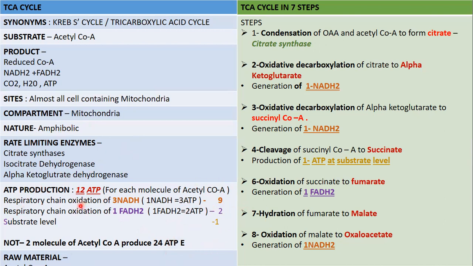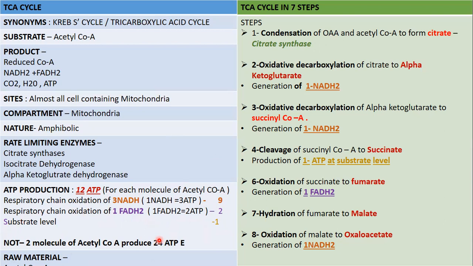First, from the electron transport chain, we have 3 NADH, and 1 NADH is concerned with 3 ATP, so 3 into 3 is 9. Then we have 1 FADH2 from our ETC, and that produces 2 ATP, and the substrate level is 1. So we have 12, and the 2 molecules produce 24. This is the thing we need to remember.